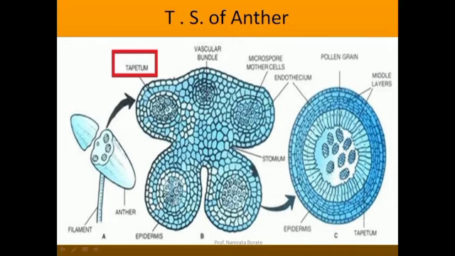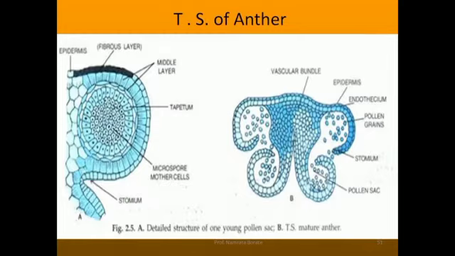because this endothecial cell helps in the dehiscence of the anther at maturity. Means these are tetrasporangiate. When the anthers dehisce, they become bisporangiate, because the dehiscence of anthers occurs in the groove region.